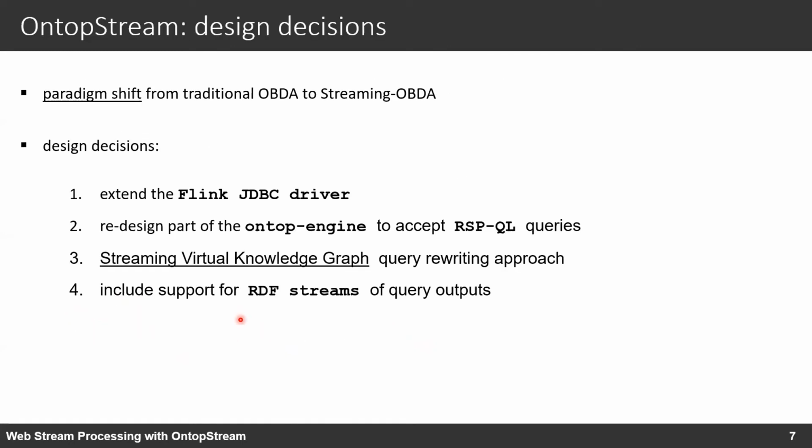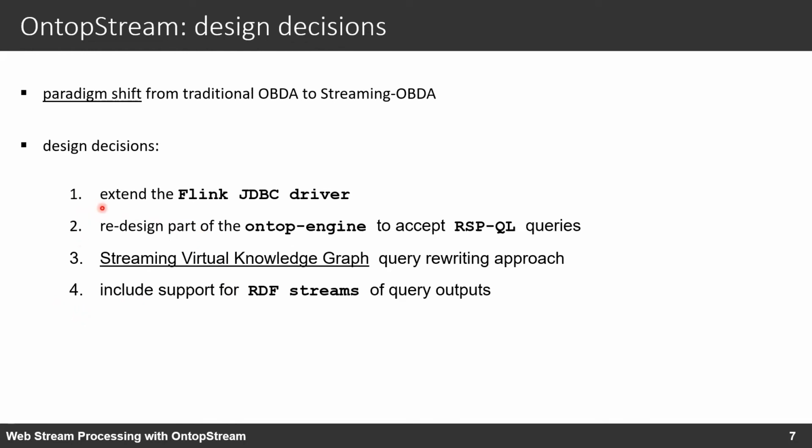Of course, to design this software, we have to take the original Ontop software, modify it, and perform a paradigm shift from traditional OBDA to streaming OBDA. So we needed to make some adaptations to this software. In particular, these are the main adaptations I needed to implement.